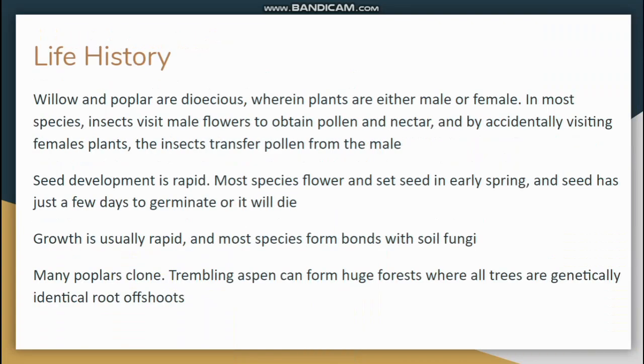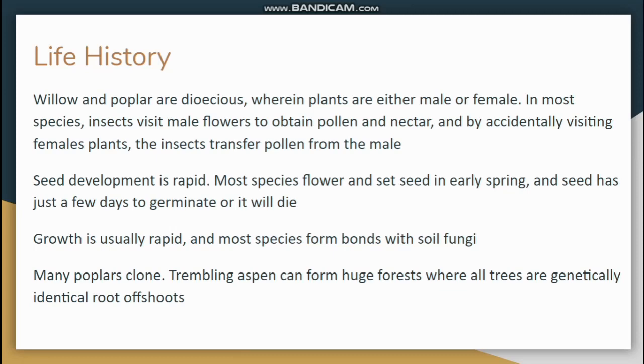So, willow and poplar are what we know as dioecious plants, where rather than having flowers that have both pollen and nectar, the entire plant either only produces pollen or the entire plant will only produce seed. Generally, it's an insect pollinated group, and so insects are going to go from the male flower to the female flower.